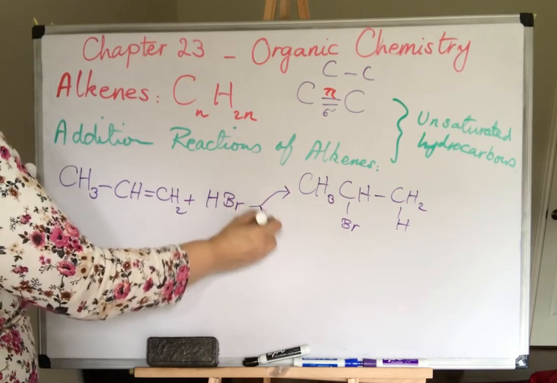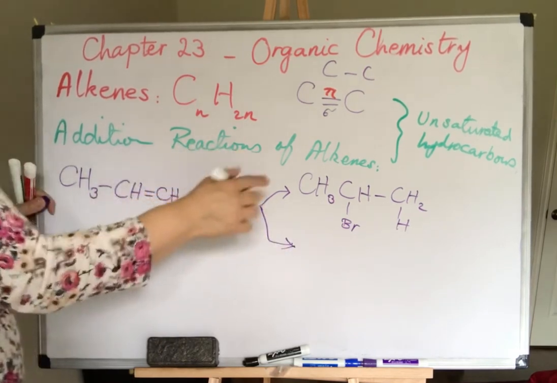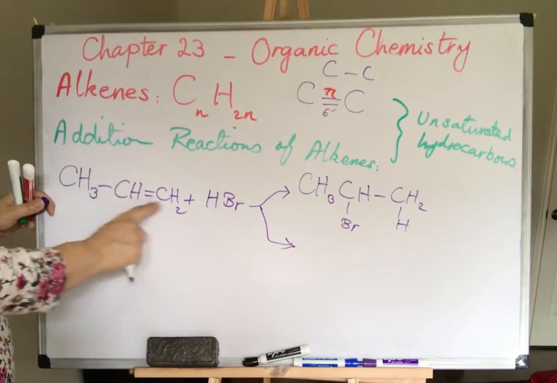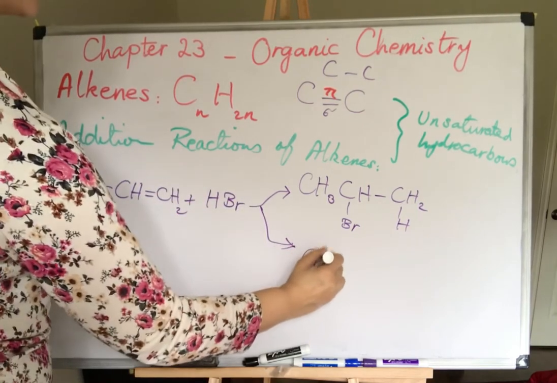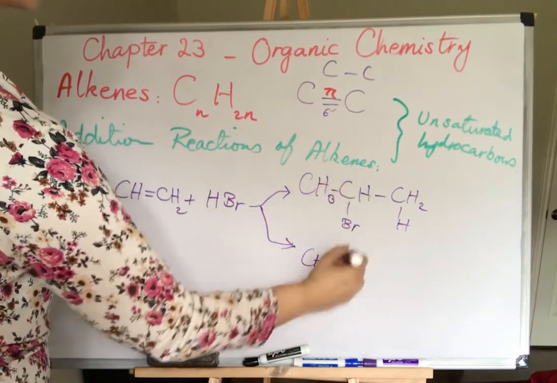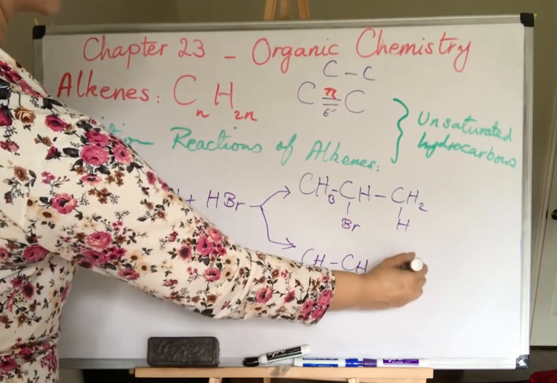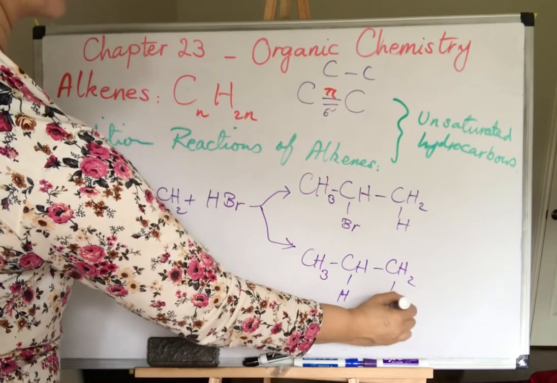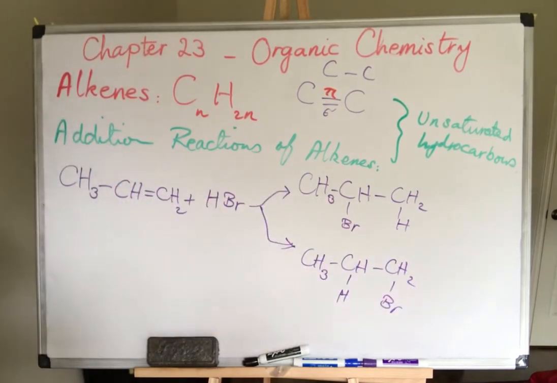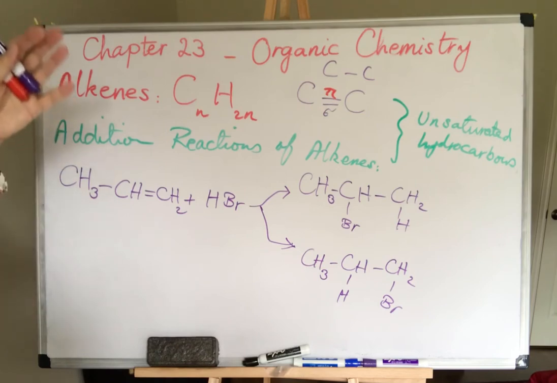And you said, I'm sure you said, what if we add hydrogen here and bromine here? Cannot hear you, but I'm sure you said that. A Russian scientist called Markovnikov worked on the products of these types of reactions.